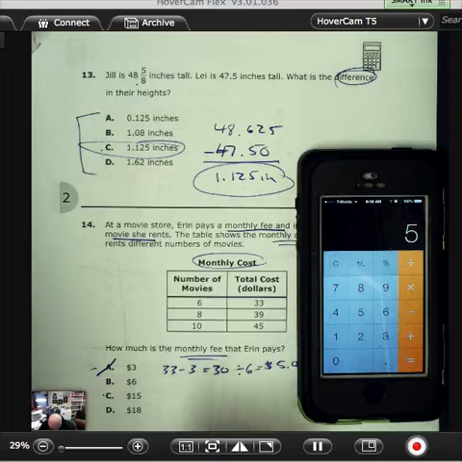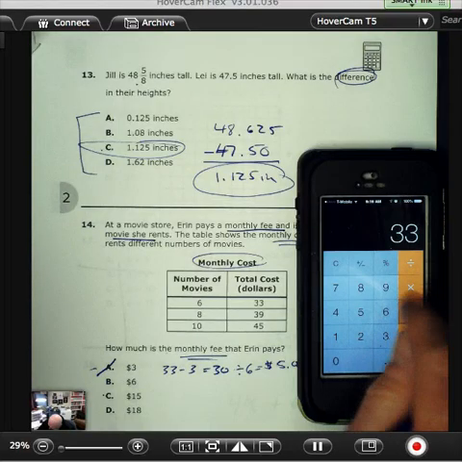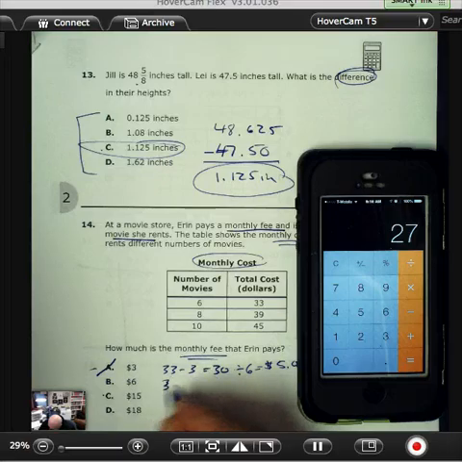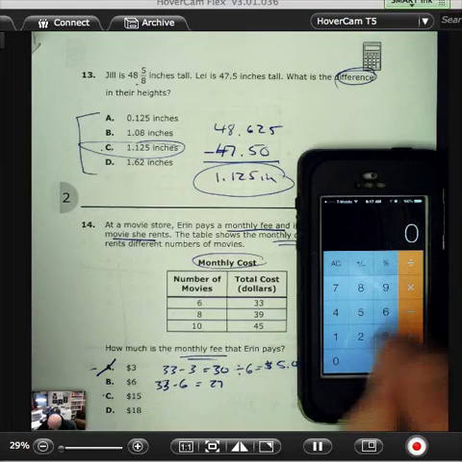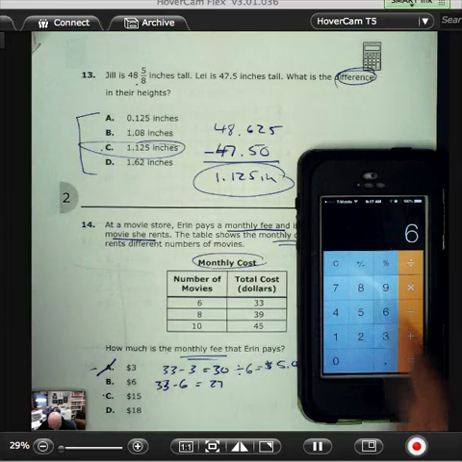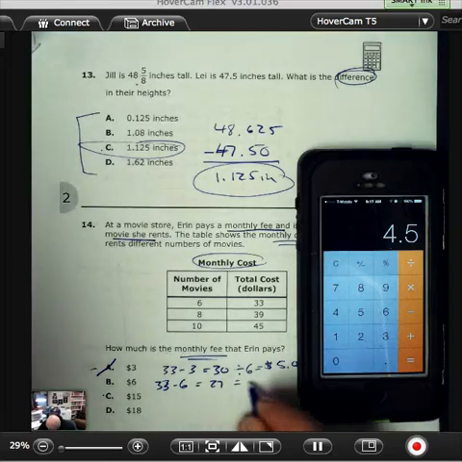So let's see if it could be $6. So I'll take the $33 and subtract the $6. I get 27. Then take 27 and divide that by the 6 movies again. You can see I'm kind of working backwards. That'd be $4.50.